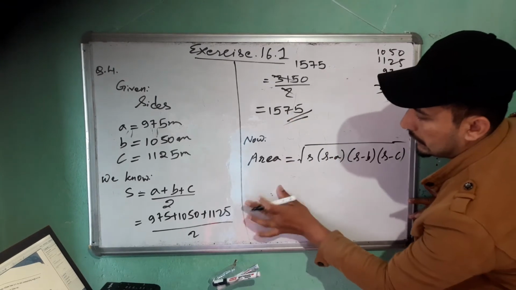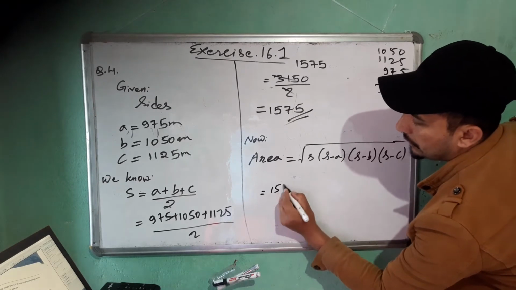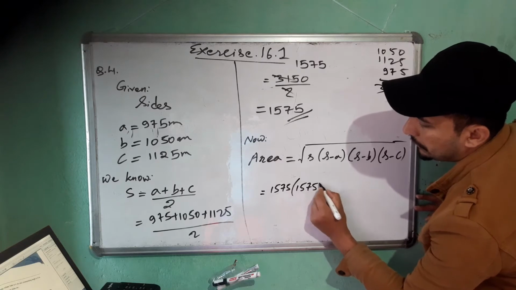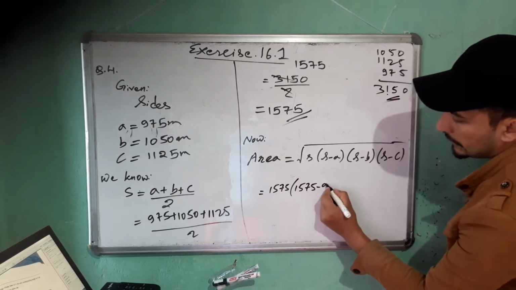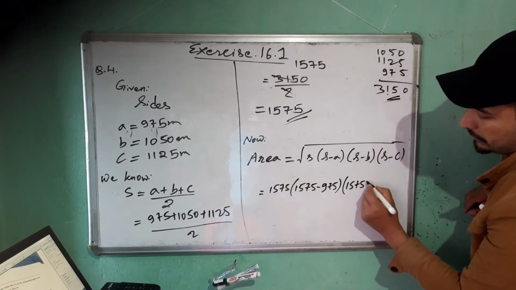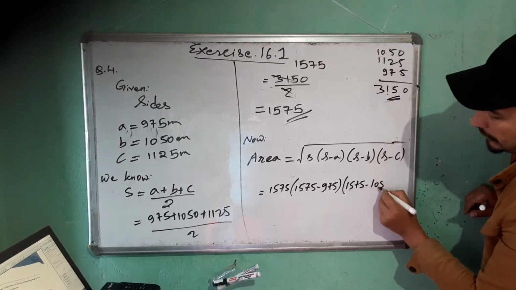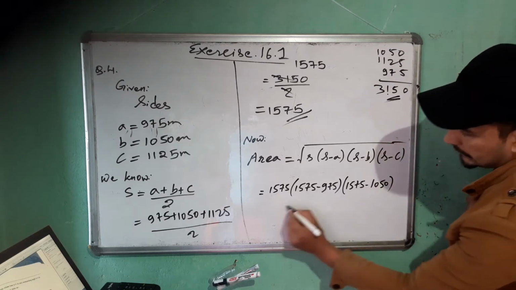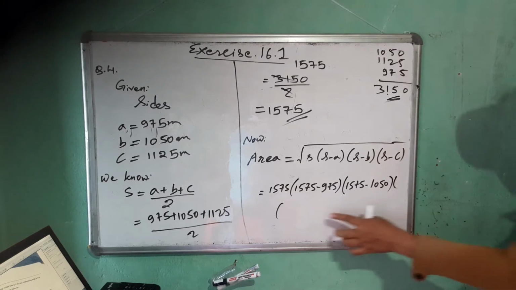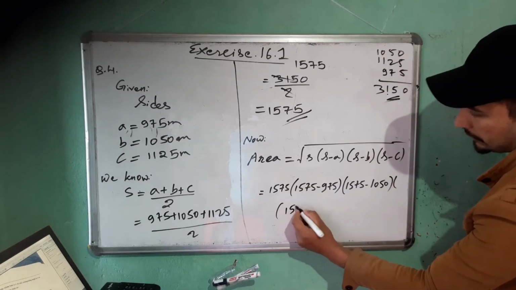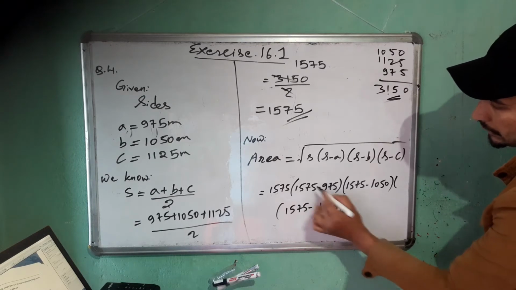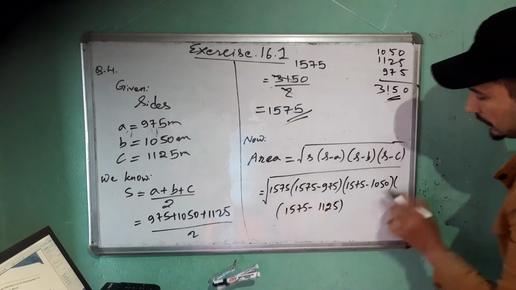S is 1575, S minus A is 1575 minus 975, next 1575 minus B is 1050, and next S is 1575 minus C is 1125, all within the root.